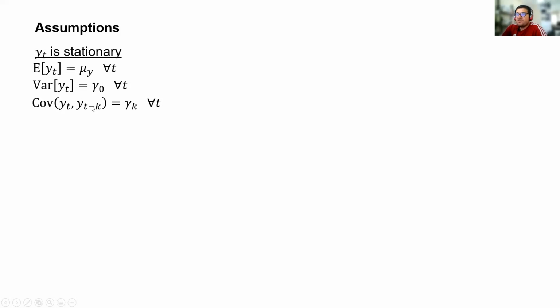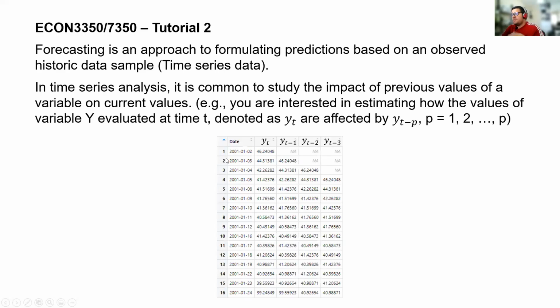And finally, we assume that the covariance between Yt at whatever point in time and another point in time is also going to be the same, and we're going to call it gamma k. Let me go back to this table to show you a bit better what I mean.